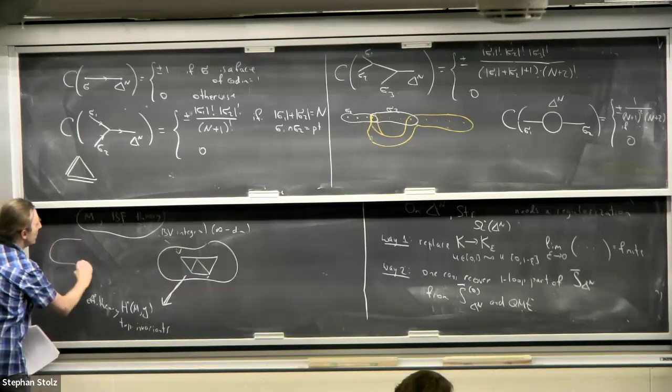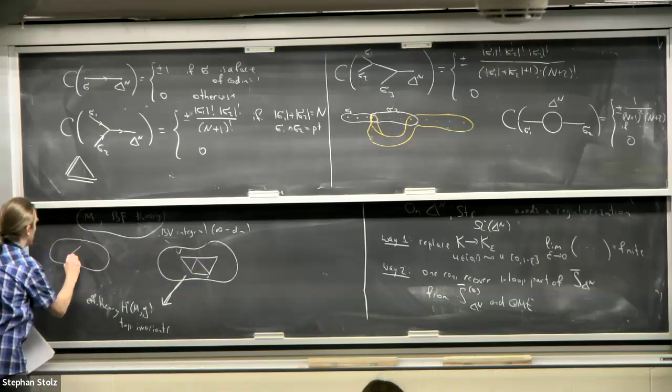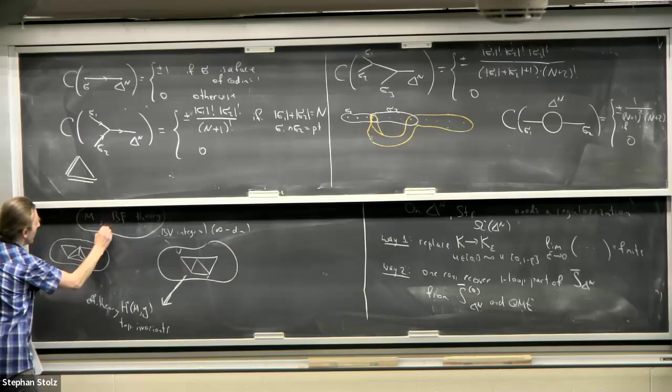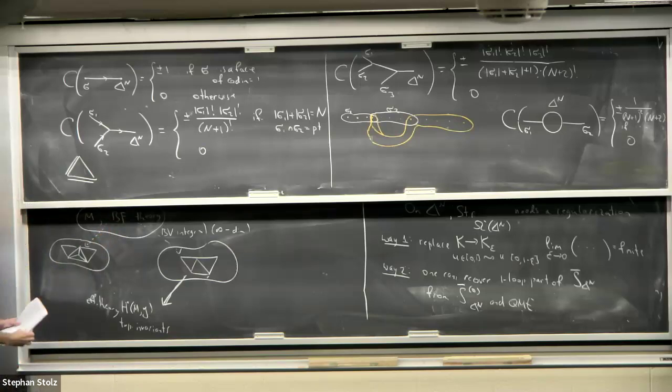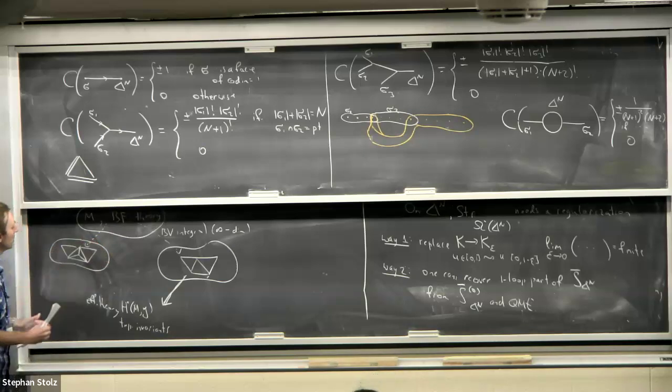I can also consider different triangulations. For instance, I can consider some kind of subdivision of that triangulation. On the one hand, I could have arrived here by the standard infinite dimensional BV integral.